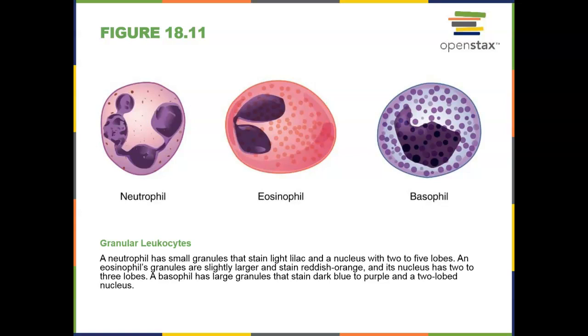So worms in the digestive system. Eosinophils release an antihistamine, which stops inflammatory responses. They also can phagocytize certain worm pathogens.